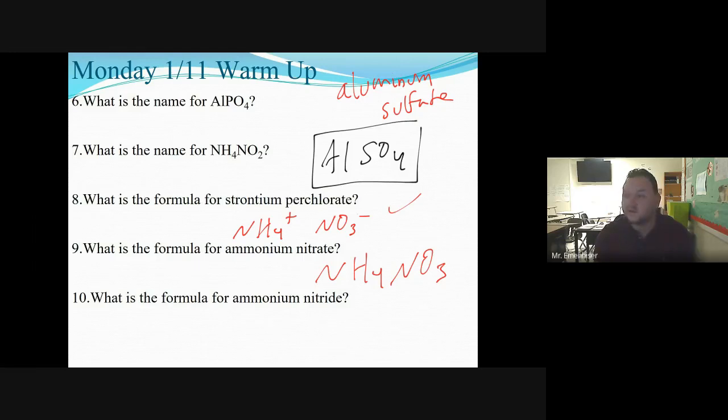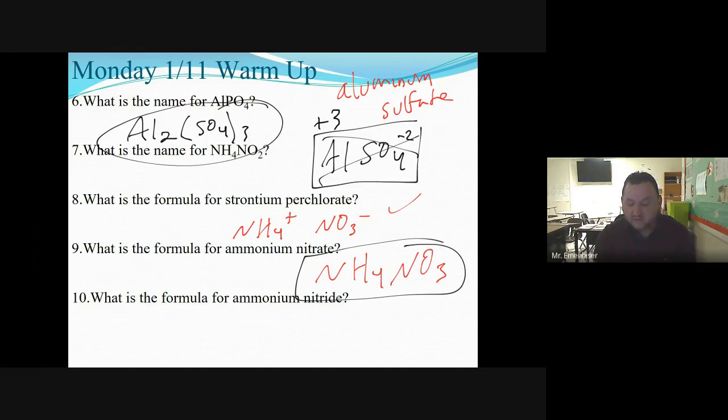Well, that's not charge balanced. Aluminum is a +3, sulfate is a -2. You do not have equal and opposite charge, so that does not work. What you will end up with is Al2(SO4)3 when you cross the charges. So make sure you're crossing the charges and not just sticking them together. Sometimes you can get away with sticking them together, but sometimes you can't. So you have to check.